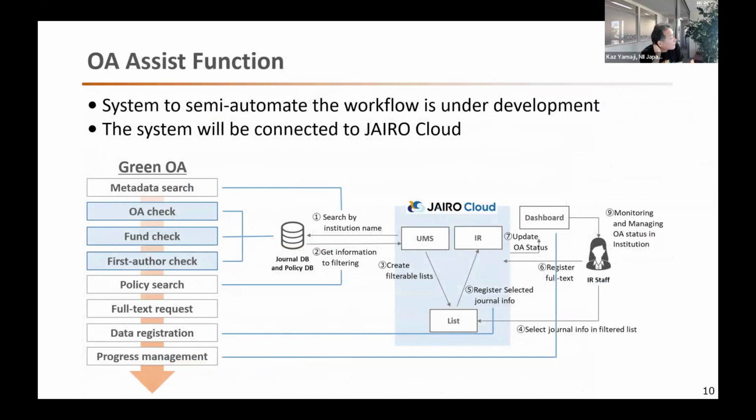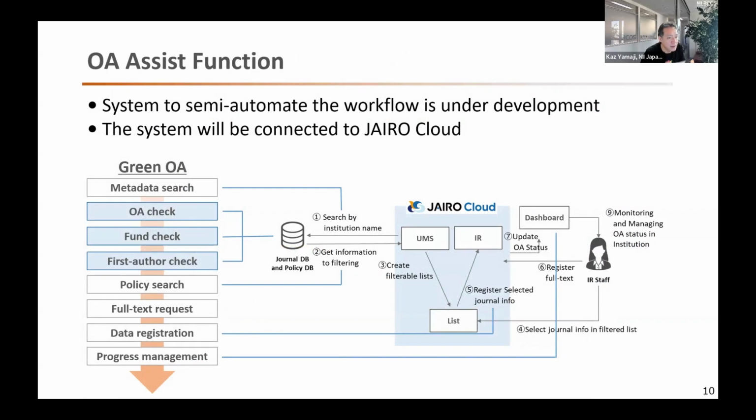And of course, we already have a very big number of institutional repositories. In addition to that, the so-called gold open access, the main load is going to be, in our case, green open access. But the workflow of the green open access is a little bit complicated.